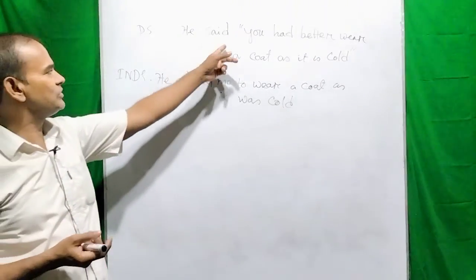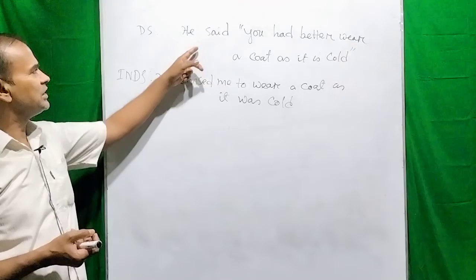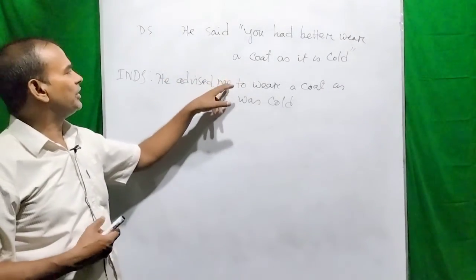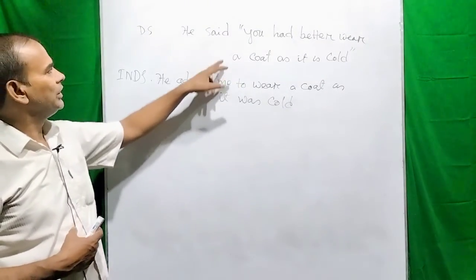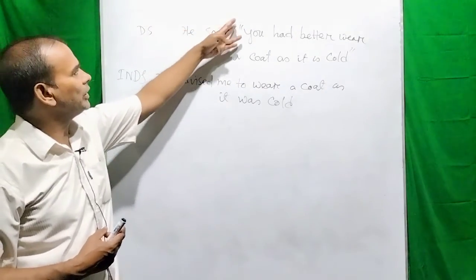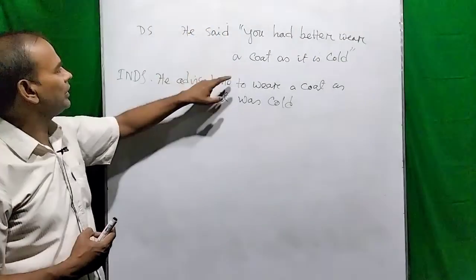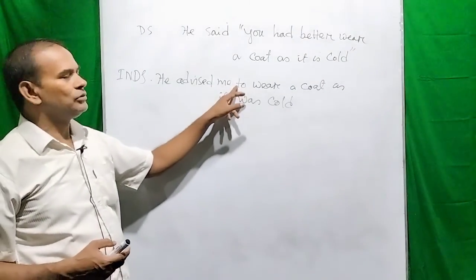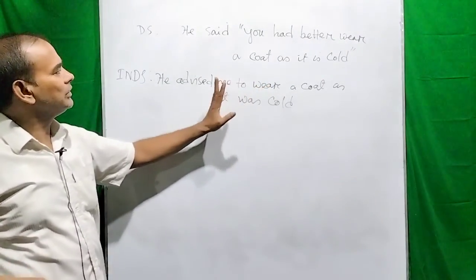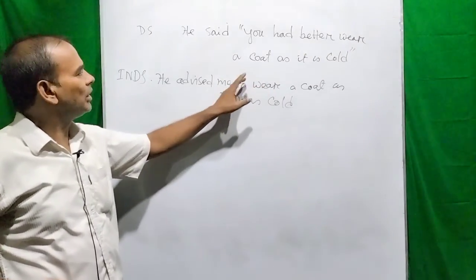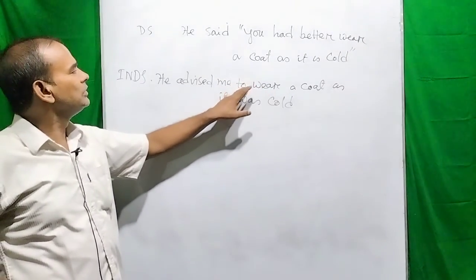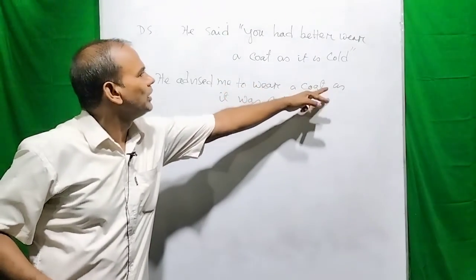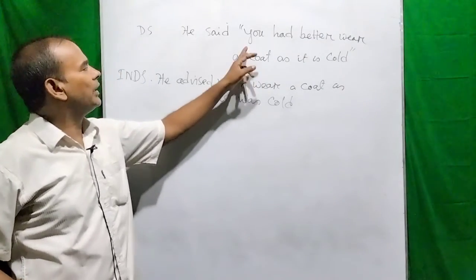Had better is giving the sense of some advice, so the reporting verb has been changed into advised. And after the object, here the object was implied, but it has been written here directly, advised me. And after that to plus v1 has been used, as it is the general use of the imperative sentence to change the narration into indirect speech, to wear a coat as it was cold.